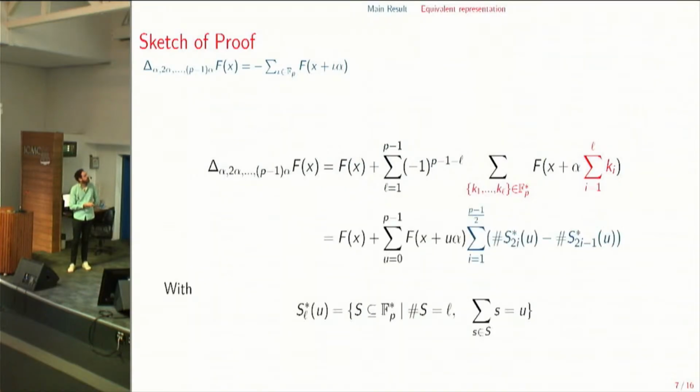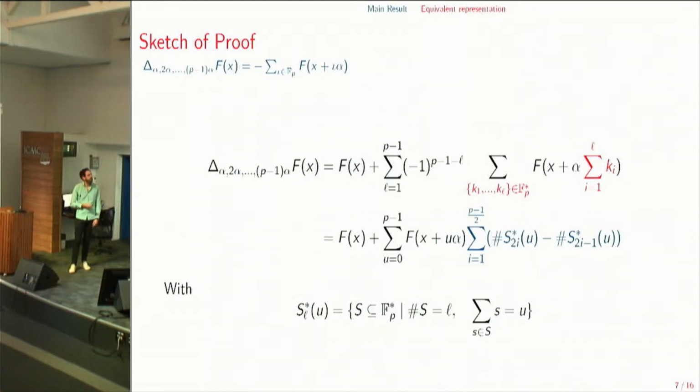And when you put the plus coefficient on one side and the minus of the alternated sum on the other side, you end up trying to find the cardinal of those sets described here, where L is where you are in the alternate sum, and U is the element you're trying to find because you're trying to reduce this higher order differential into this sum.